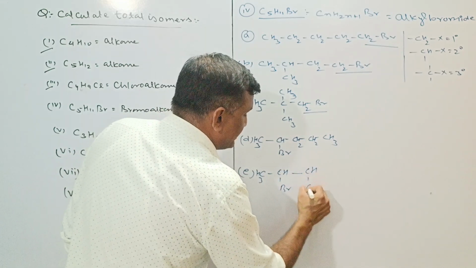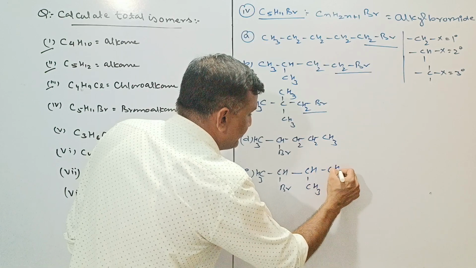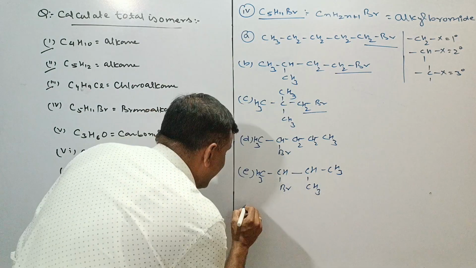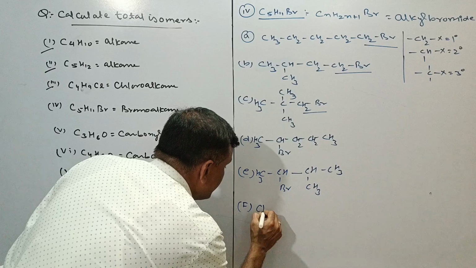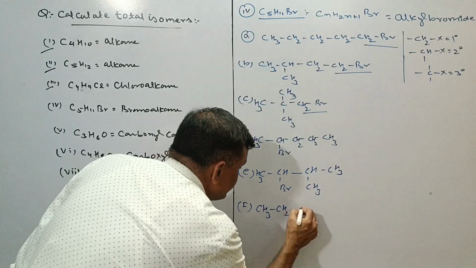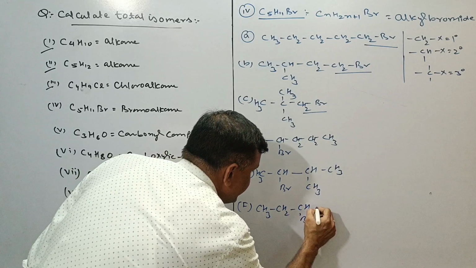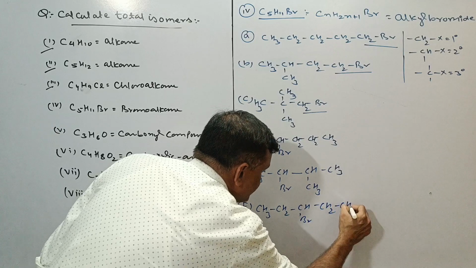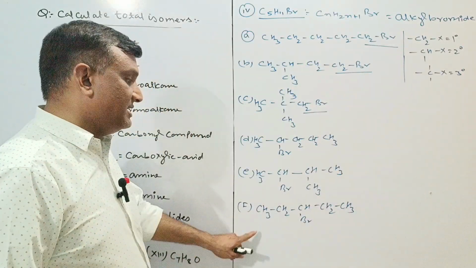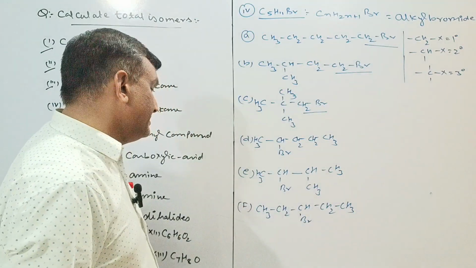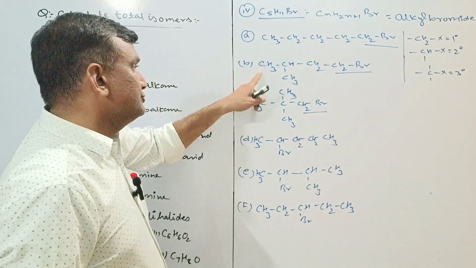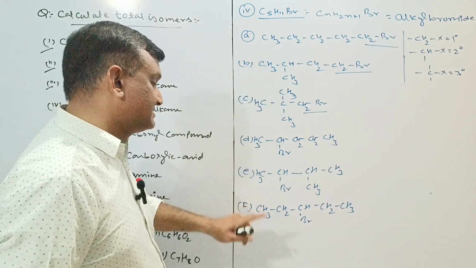This is the iso secondary pentyl bromide. Now F is your CH3, CH2, CHBr, CH2 and CH3. This is the secondary pentyl bromide. 1, 2, 3, 4, 5, 6.